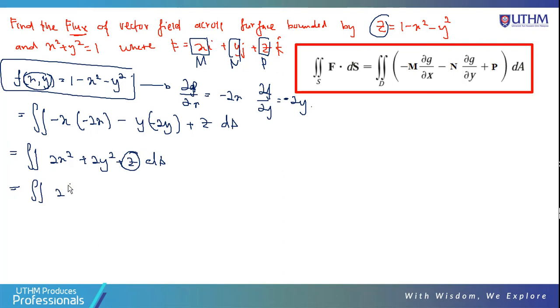So 2 times x square plus y square, plus z, where z equals 1 minus x square minus y square.